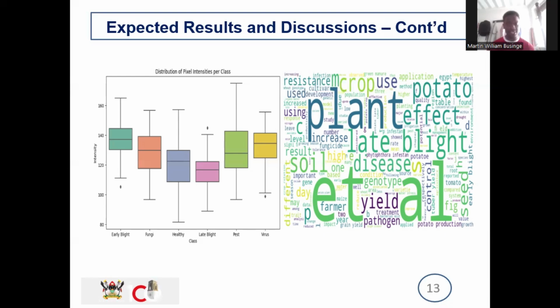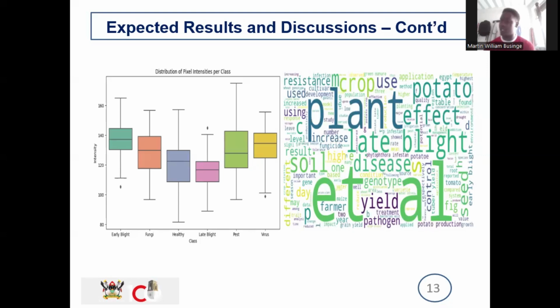And late blight, which is the fourth from the left, tends to be dark with a low median. And then the ones which are healthy fall somewhere in the middle. Those are the ones we're focusing on mostly for our study, because they're the ones relevant to us. And this is showing us that these different disease types are manifesting visually in different ways. Therefore, image-based classification is possible.